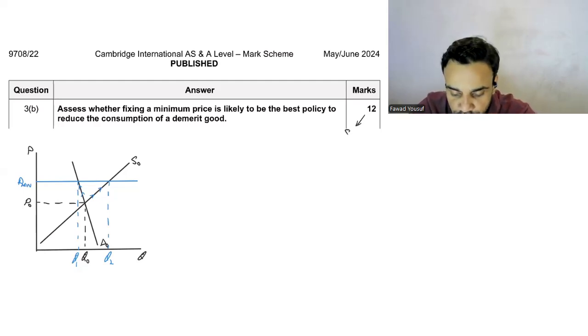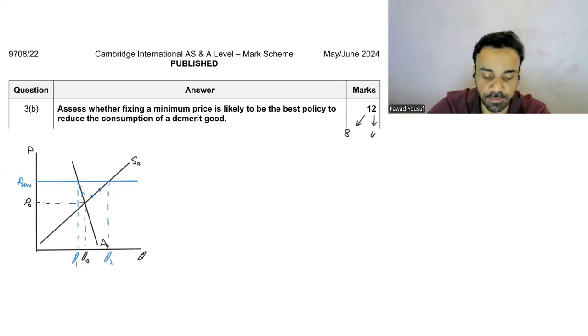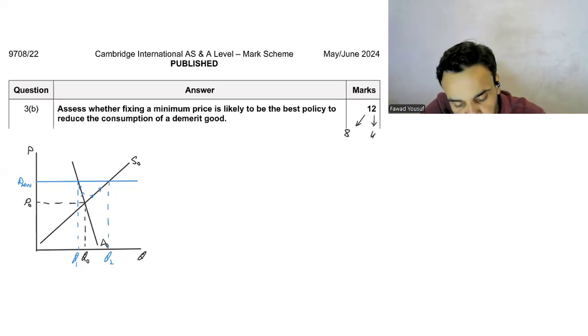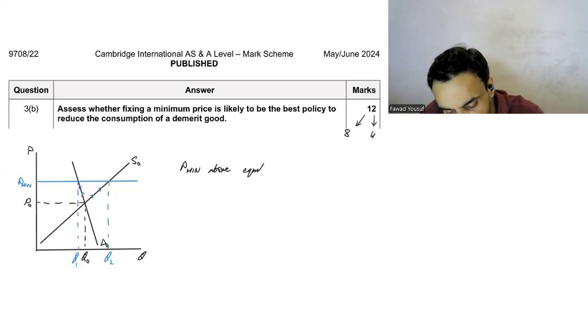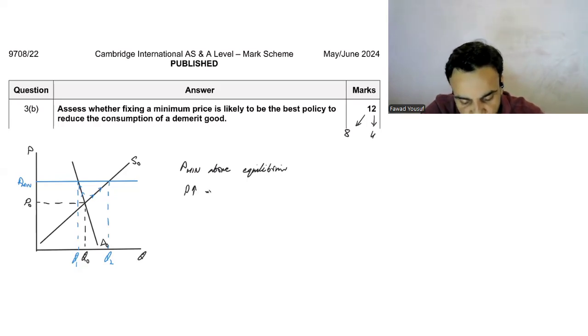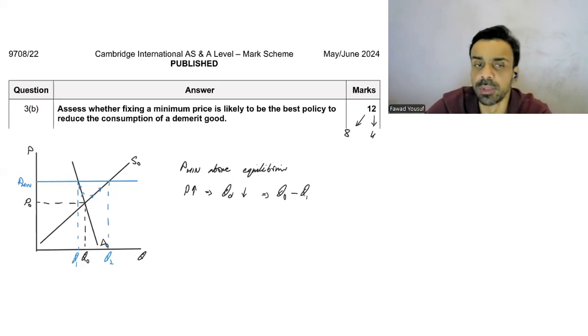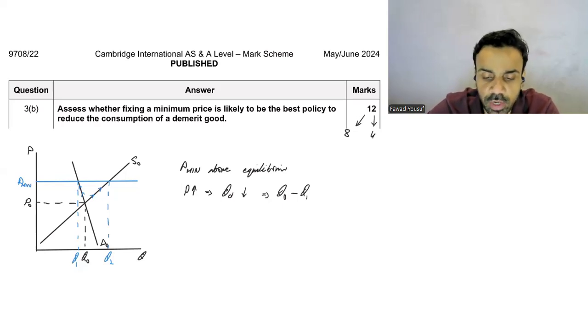It's a 12 marker question, so 8 marks for knowledge, understanding, and analysis, and 4 marks for evaluation. If you do this diagram and explain that because P minimum is above equilibrium, the prices will rise, and as a result quantity demanded is going to fall, for example from Q0 to Q1. If you don't make the diagram and you say that prices would rise and consumption will fall, that's good enough.